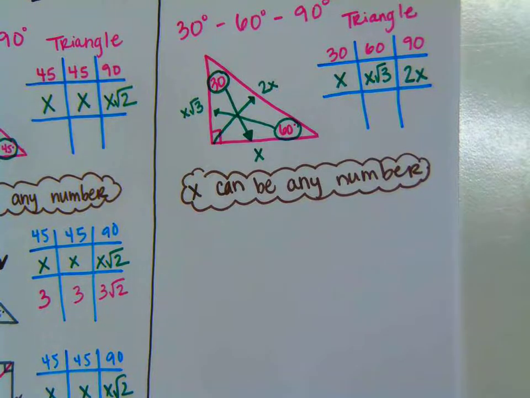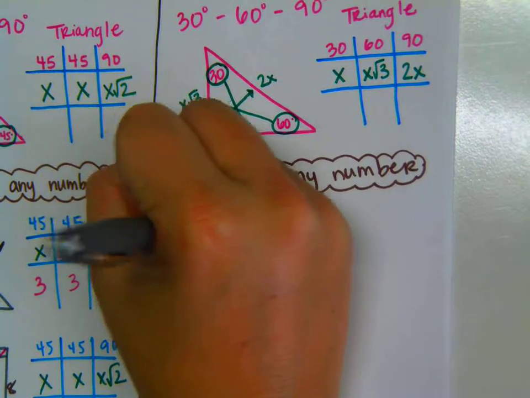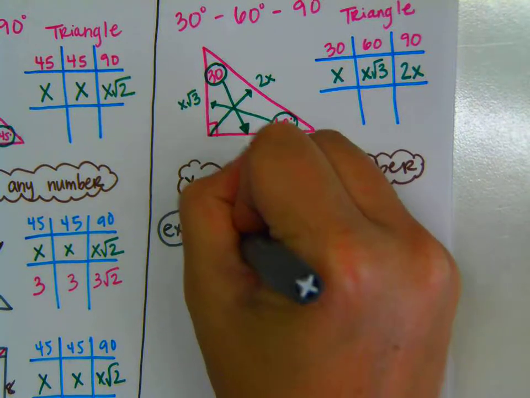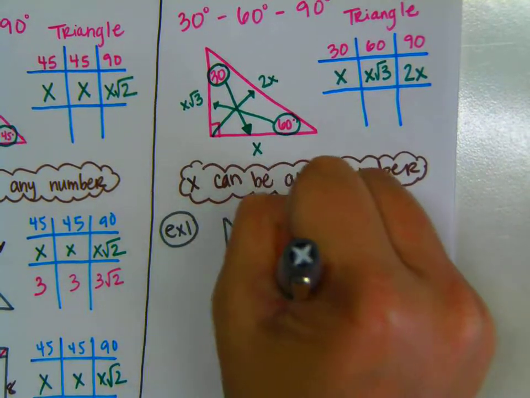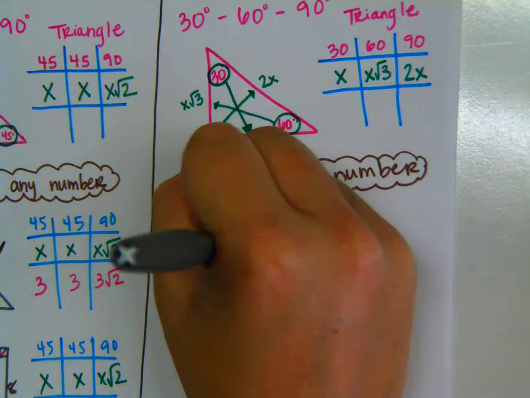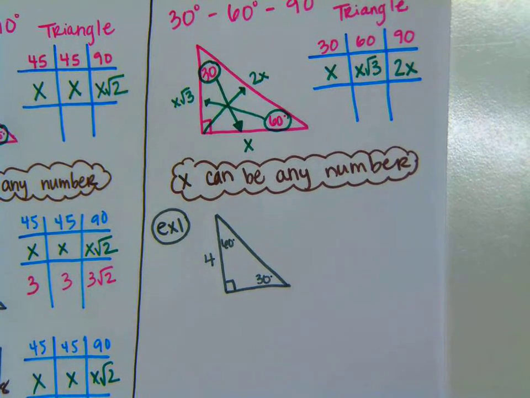Okay, so let's do an example. So we have our 30, 60, 90 triangle. You're going to start by drawing that tic-tac-toe board. So go ahead and draw your tic-tac-toe board and try to put in some values.